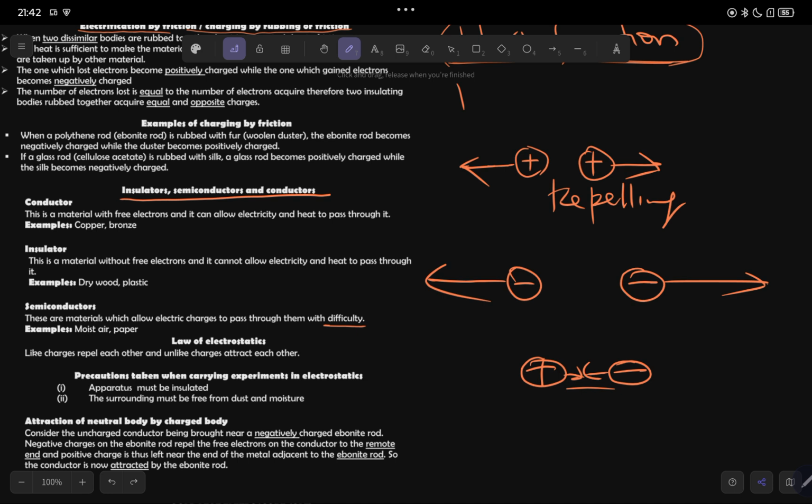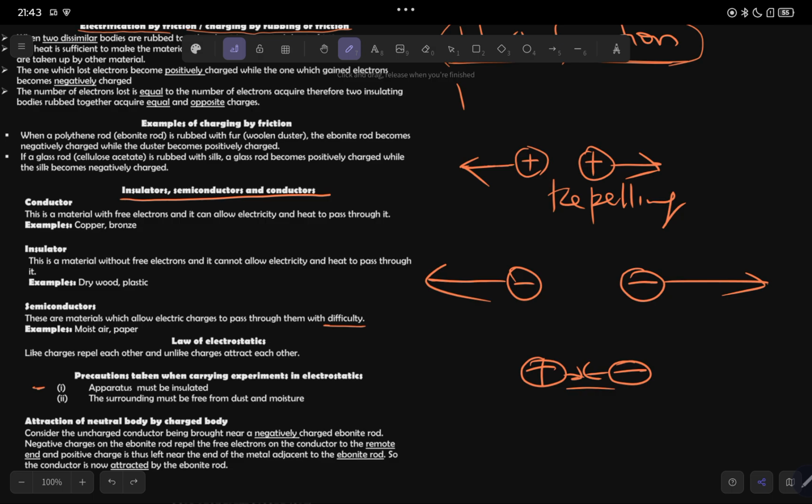We need to take some precautions when carrying out experiments in electrostatics. One of them is that the apparatus must be insulated, because when we just touch a conductor, our bodies themselves can conduct away the charge on them.